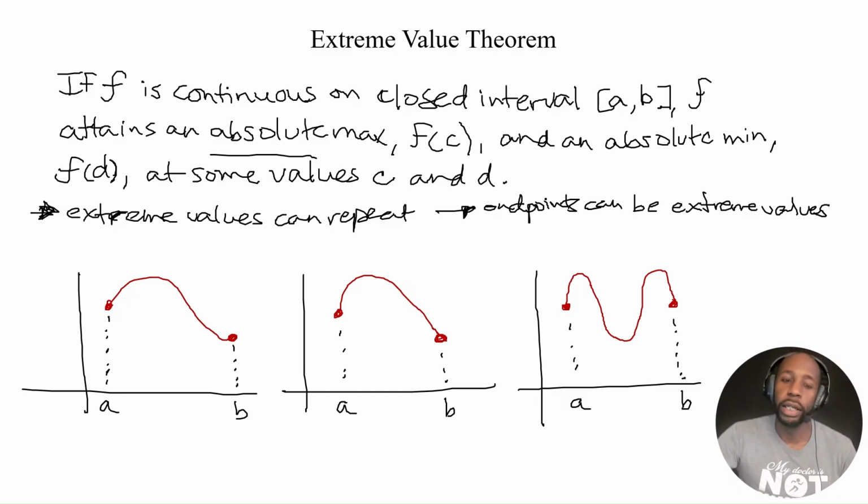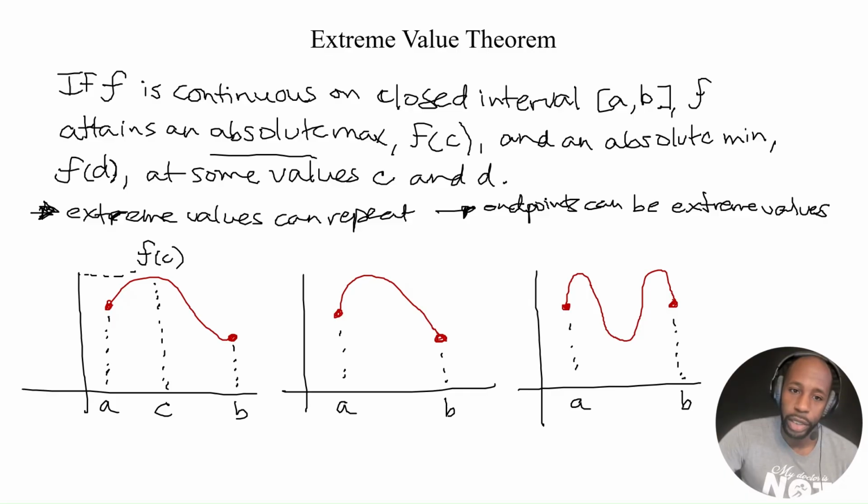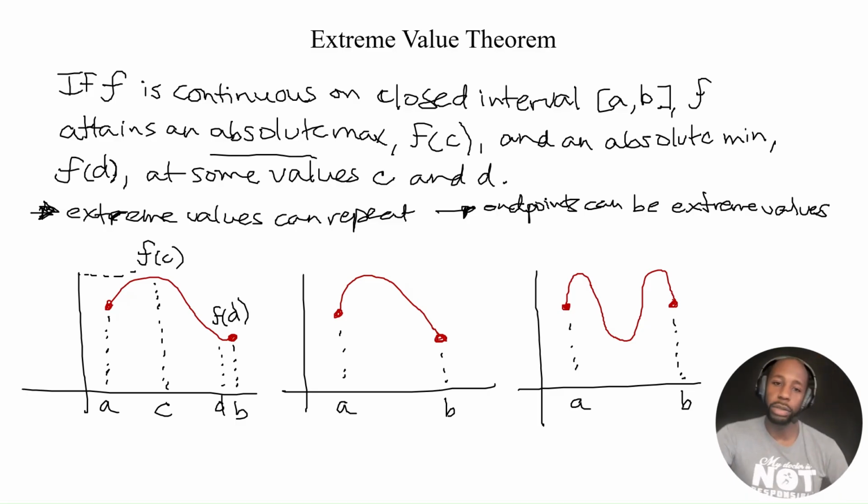So looking at this first graph, somewhere in here, point c, we have our extreme value of maximum at f of c. And then somewhere in here, d, we have f of d, which is our absolute minimum. I didn't draw that very well, but that's supposed to be the lowest point.